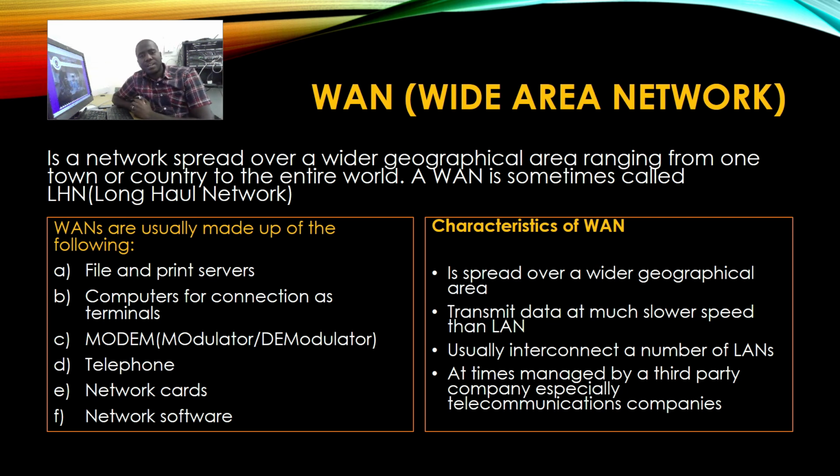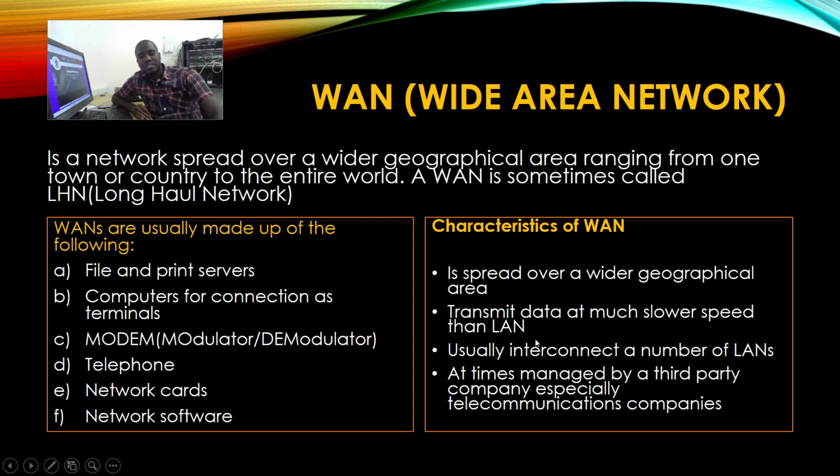But what are the characteristics of a WAN? Number one, the WAN is spread over a wider geographical area. So unlike the LAN, which is confined to a very small geographical area, the WAN can spread from a building to the entire world.